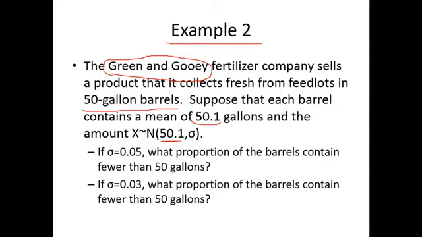So what we're doing here, we're saying it's normally distributed with a mean of 50.1, but we're going to play around with what the standard deviation is. If the standard deviation is 0.05, we'll ask what proportion of the barrels are going to be under 50 gallons. If it is 0.03, what proportion is under 50 gallons?